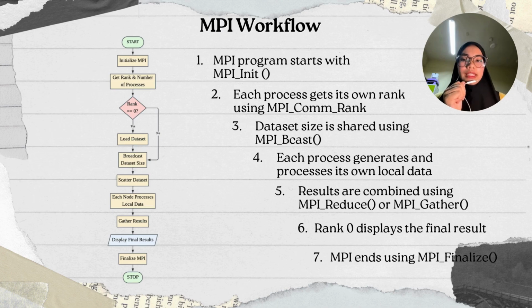Next, the dataset size is shared using MPI_Bcast, and each process then generates local data and performs local computation. After that, the partial results are combined using MPI_Reduce or MPI_Gather. Finally, rank 0 displays the final result and MPI ends using MPI_Finalize.